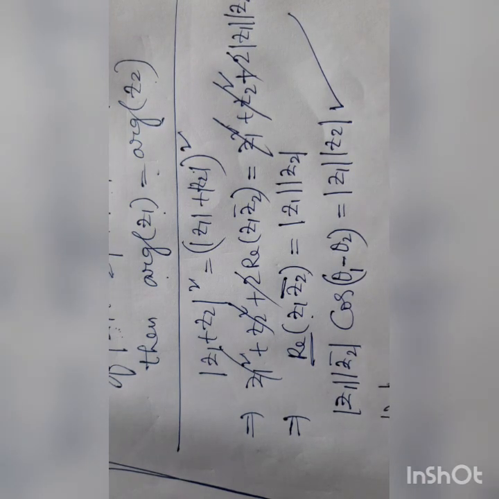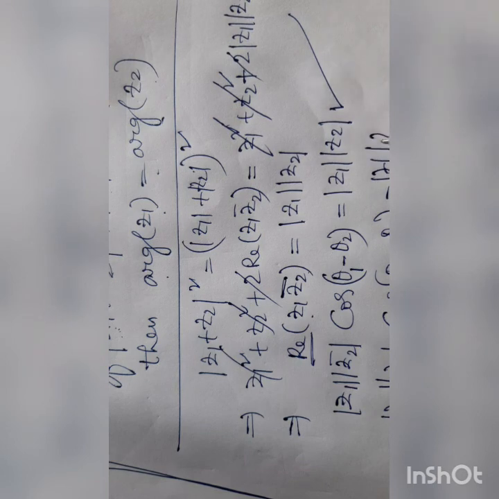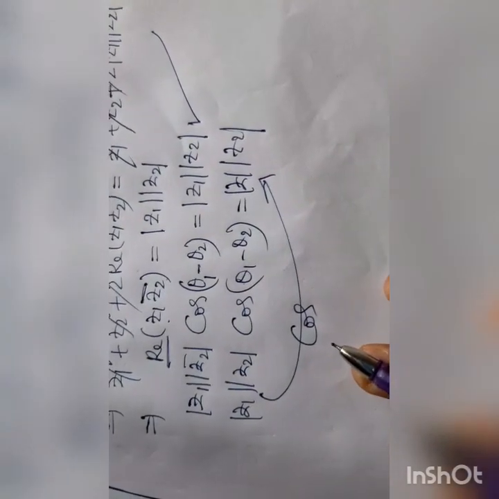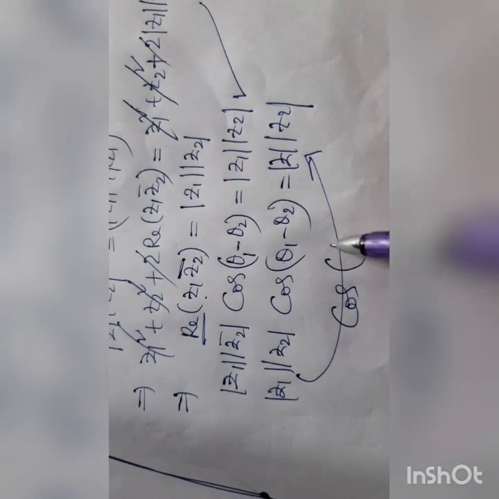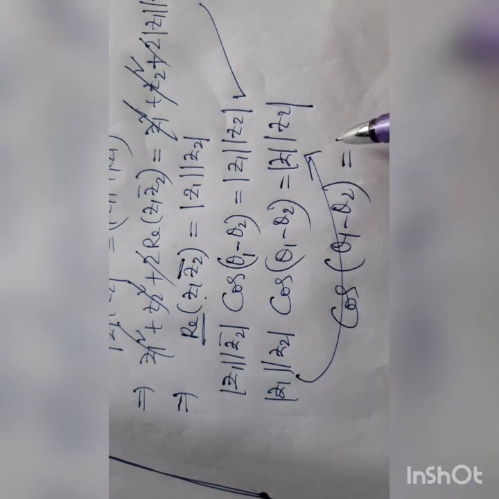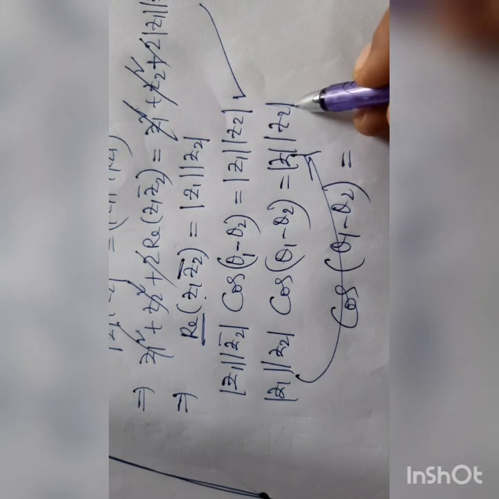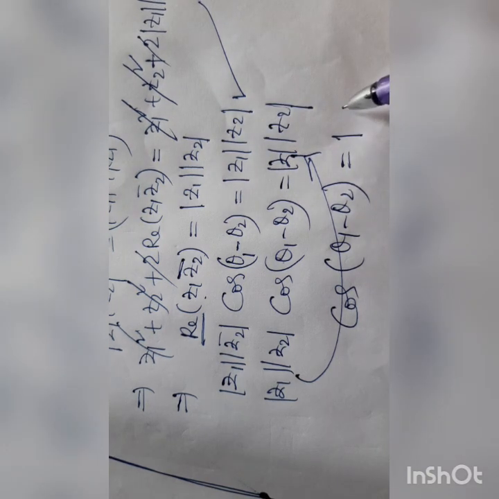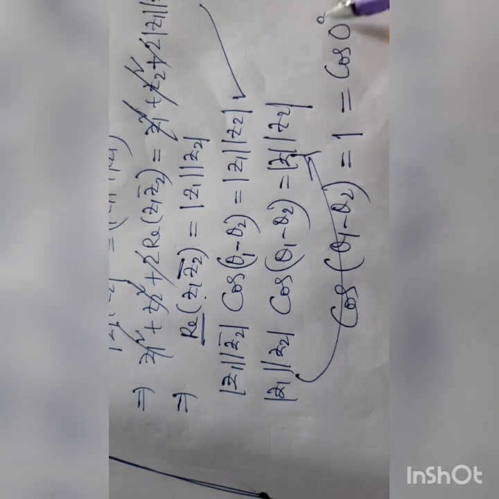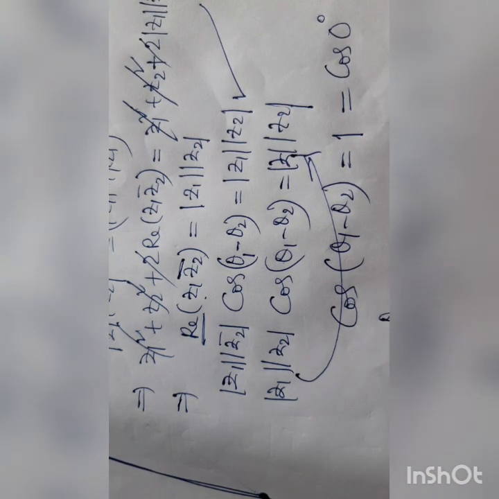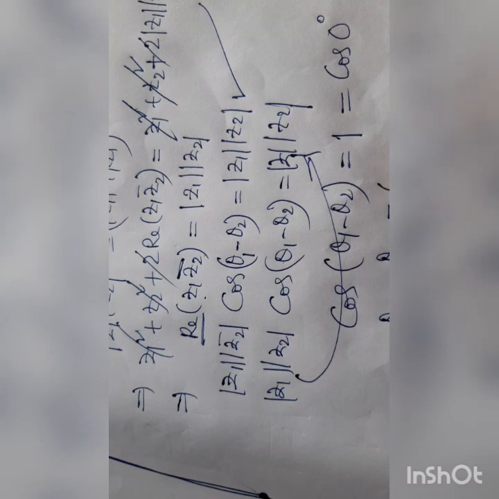Now, Z1 modulus Z2 bar. Modulus Z2 bar is nothing but modulus Z2 only. So cos of theta 1 minus theta 2 equals modulus Z1 modulus Z2. If you take this side, cos of theta 1 minus theta 2 equals modulus Z1 modulus Z2 by modulus Z1 modulus Z2, which is 1. What is 1? Cos 0 degree. So theta 1 minus theta 2 equals 0.